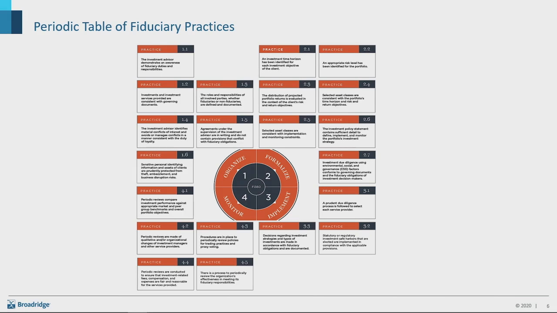Third step is implementing some type of investment or service provider due diligence process, and in some instances, taking into consideration safe harbors that may be applicable for the client relationship. And then the last step, the fourth step, is monitoring and creating some type of ongoing governance structure in order to make sure that the client's objectives and constraints are being met.